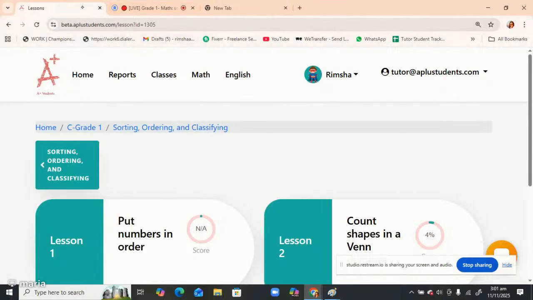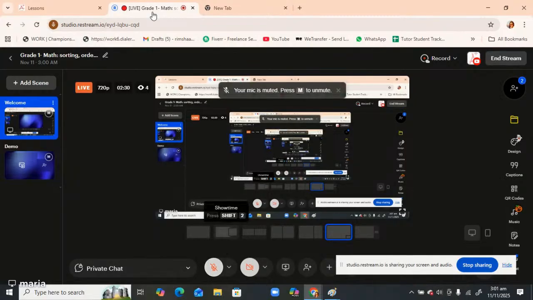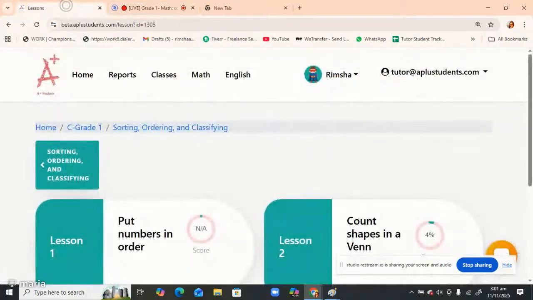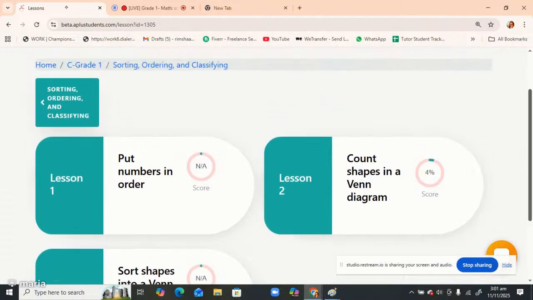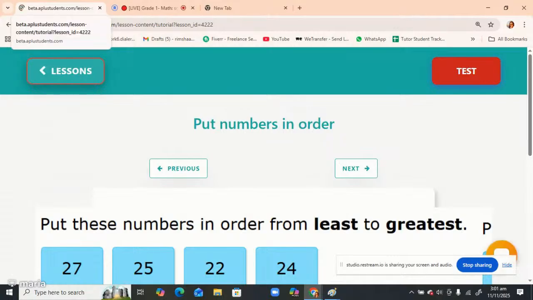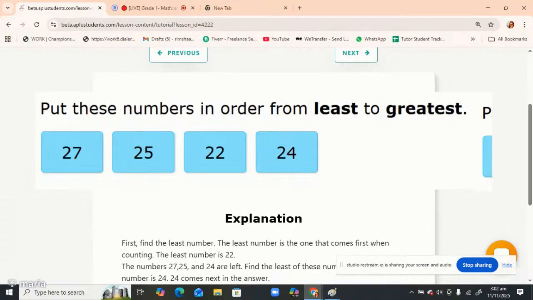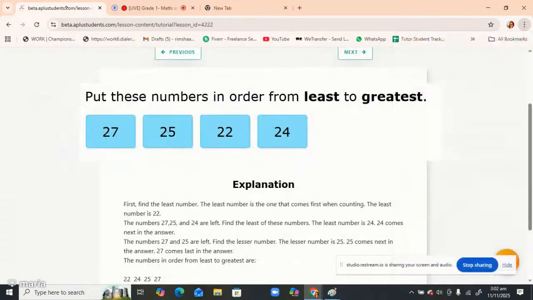Now let's discuss the first lesson of the day. So here is the first lesson, put numbers in order.